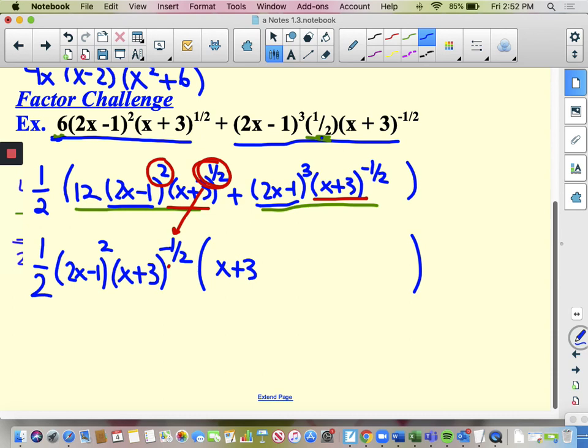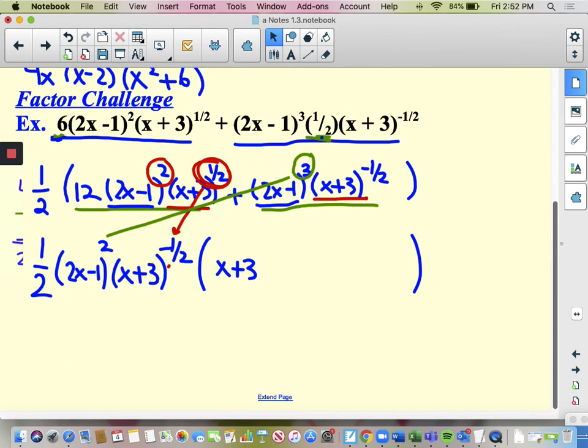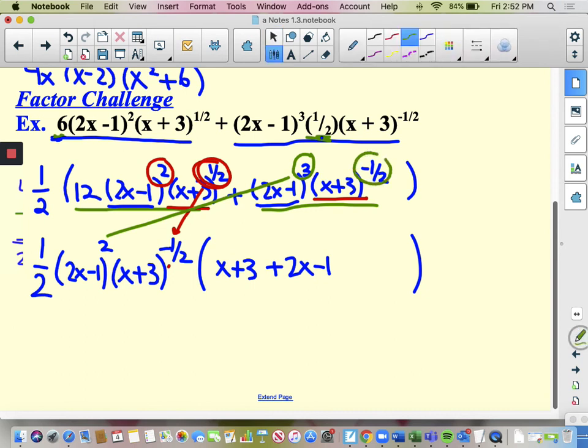Okay, going on to the second part of the binomial, I have a third power, and I'm taking out a second power. So 3 minus 2 is 1, so I've got a 2x minus 1 left to the first power, and then I've got a negative 1/2 power, and I'm taking out a negative 1/2 power, so that's gone.